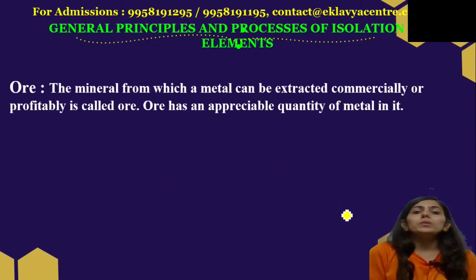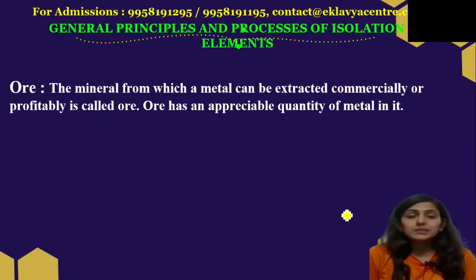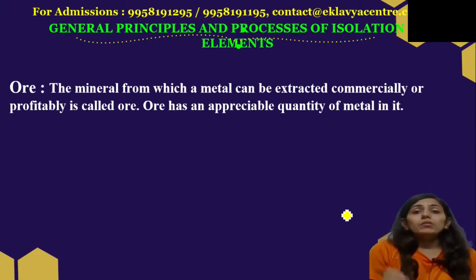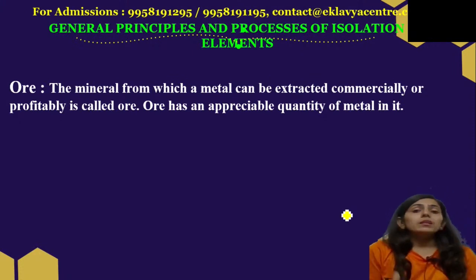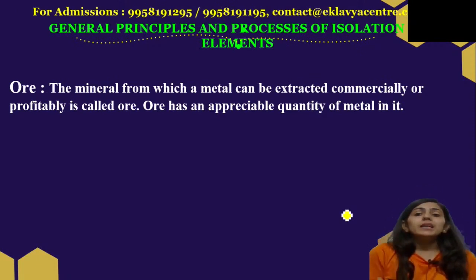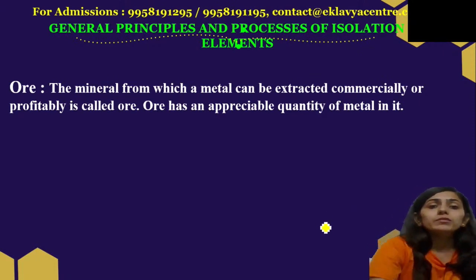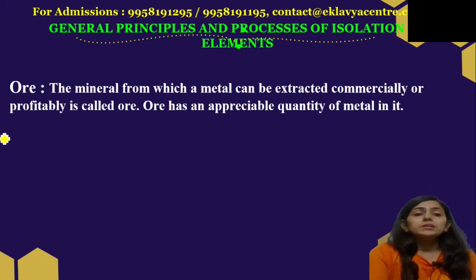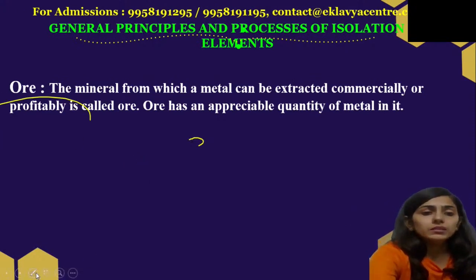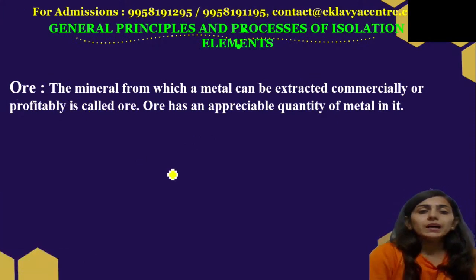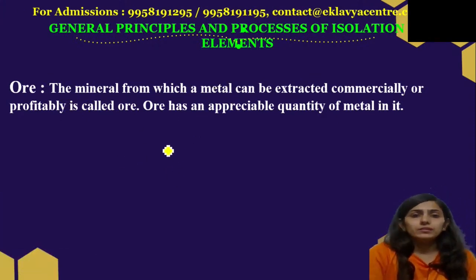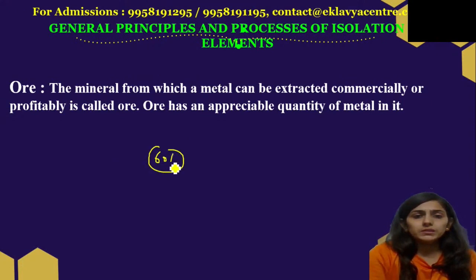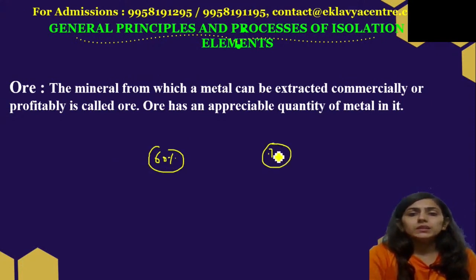Next we have ores. Now what are ores? See, the minerals from which a metal can be extracted commercially or profitably are called ores. Means ore is that mineral which can give us a metal that can be extracted commercially or profitably. How will you understand this? Suppose we have two minerals of iron, 60% and 70%.